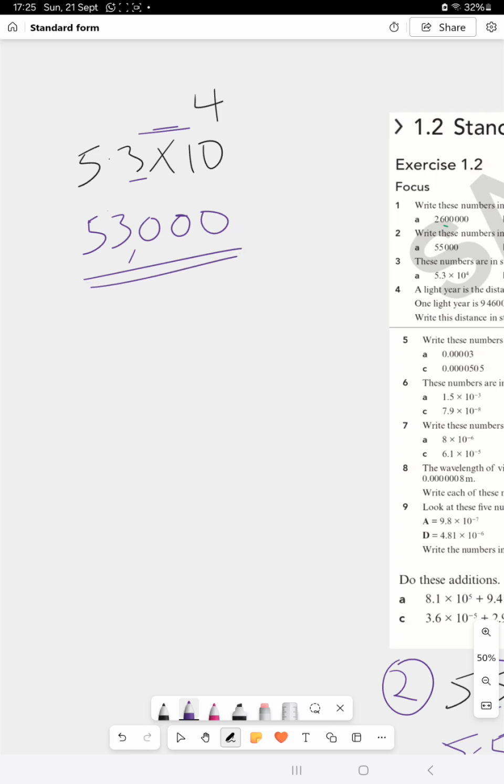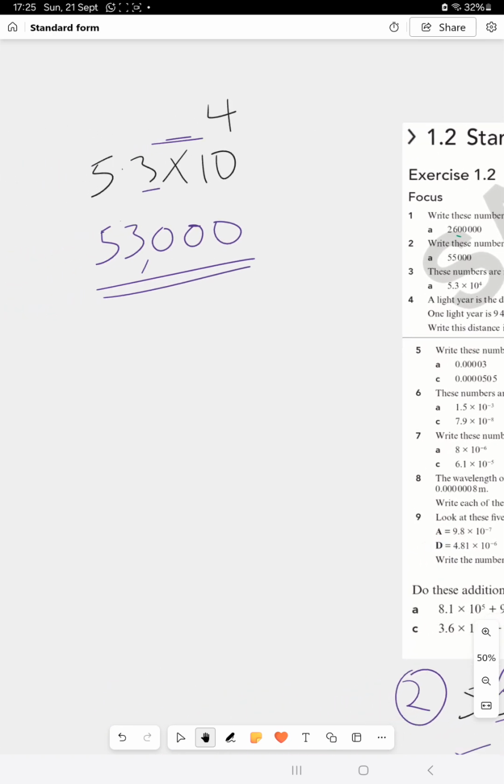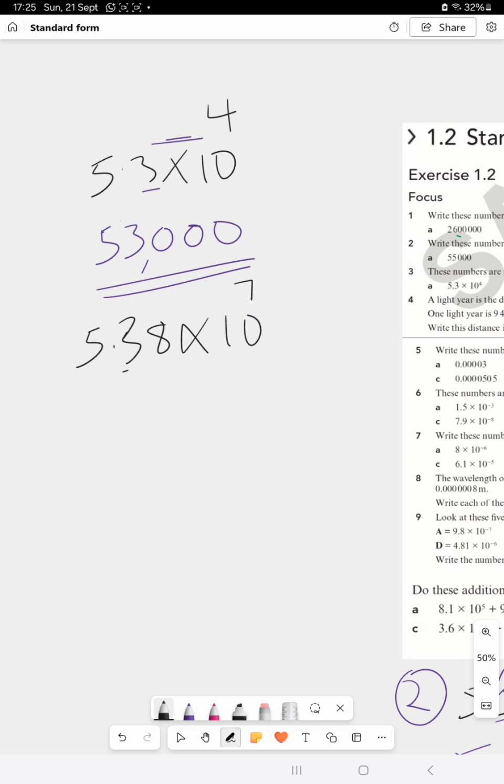The other one given is 5.38 times 10 power 7. Again, we start here, we count up to 7, so it is 5, 3, 8.